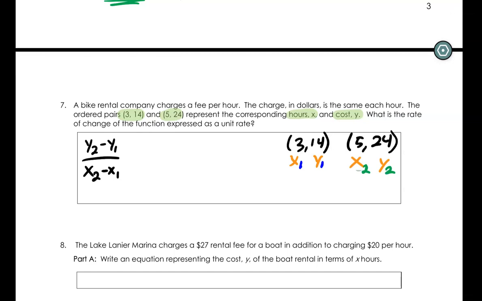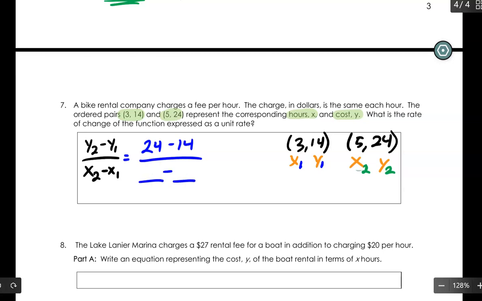Then you just plug your numbers in. Y2 is 24, y1 is 14. Then you decide what goes here and here, and then solve. Whatever number you get is the answer.